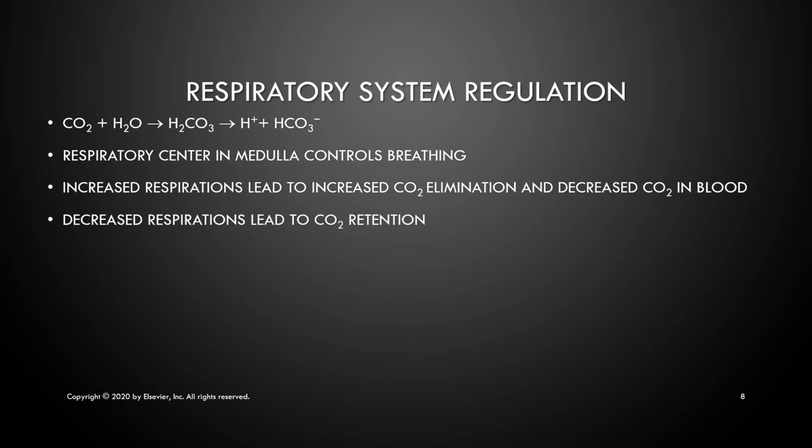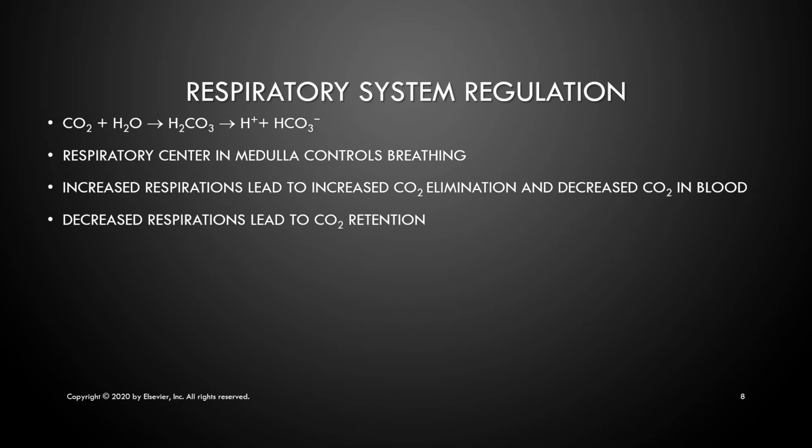And as we've already talked about, our brain is going to signal our respiratory center, which is in the medulla, anytime there is a change in our pH. And so what it will do is increase the number of respirations as well as the depth that a person is breathing if we have too much acid.